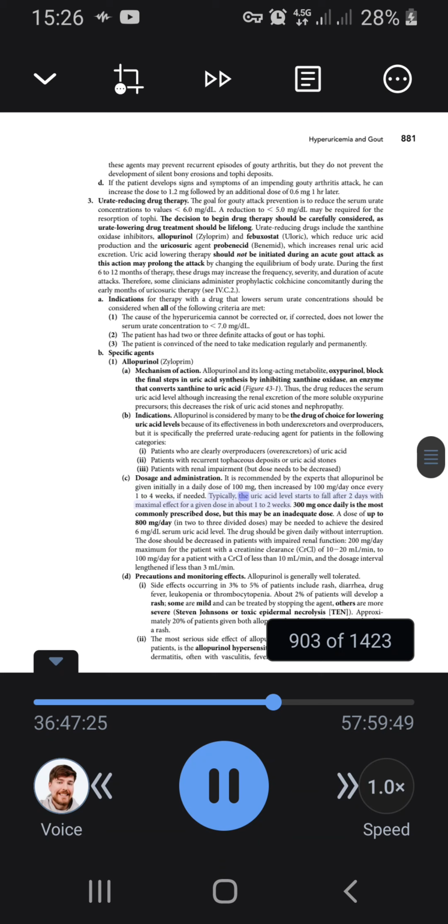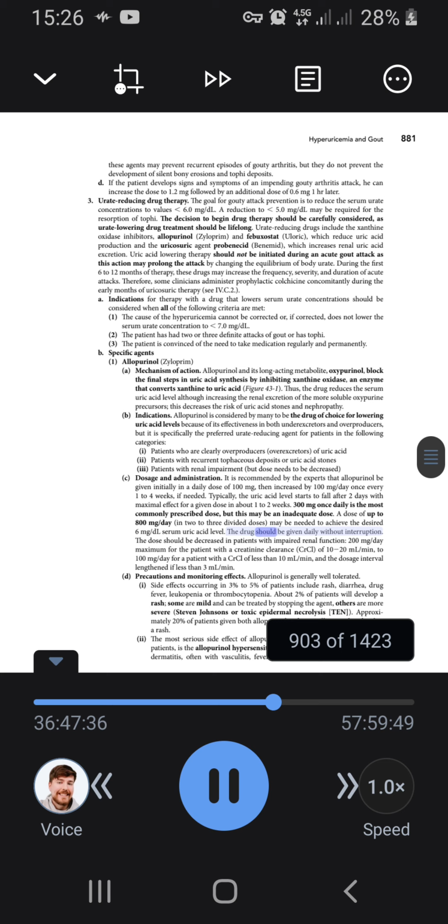Typically, the uric acid level starts to fall after 2 days with maximal effect for a given dose in about 1 to 2 weeks. 300 milligrams once daily is the most commonly prescribed dose, but this may be an inadequate dose. A dose of up to 800 milligrams a day, in 2 to 3 divided doses, may be needed to achieve the desired 6 mg/dL serum uric acid level.